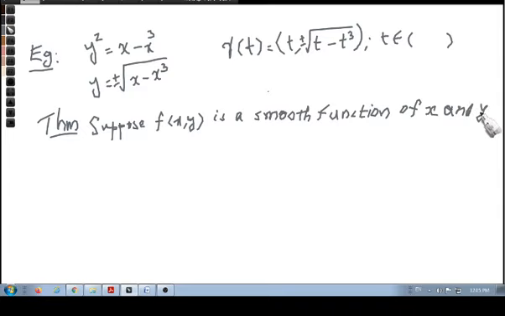That means all the partial derivatives of f exist and are continuous, partial derivatives of all orders.